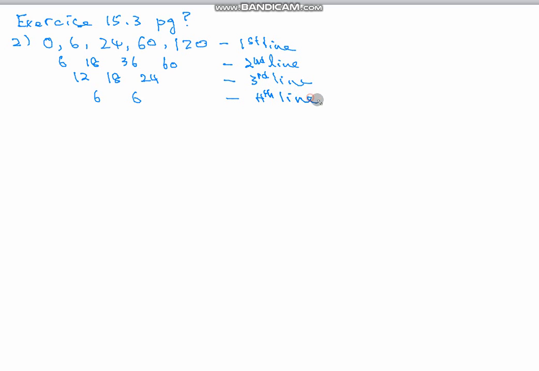Okay. Now, if you have the second line constant, then your n term is written as a plus d(n minus 1).